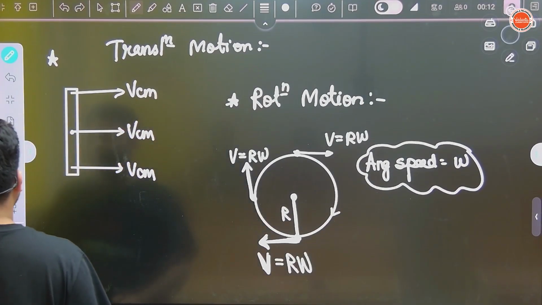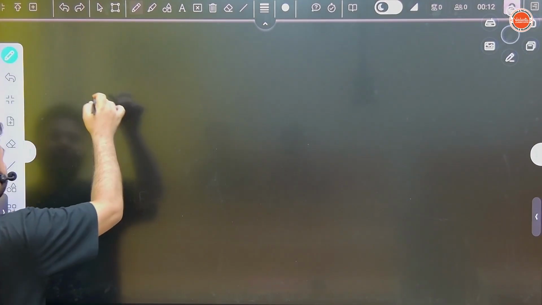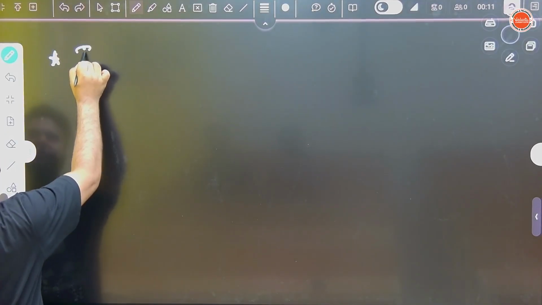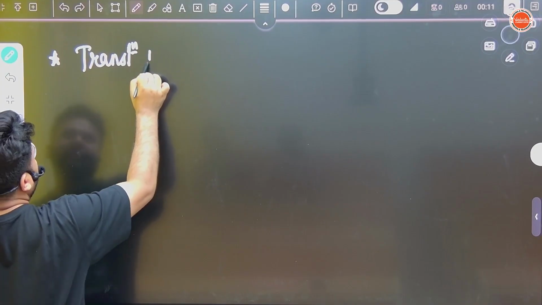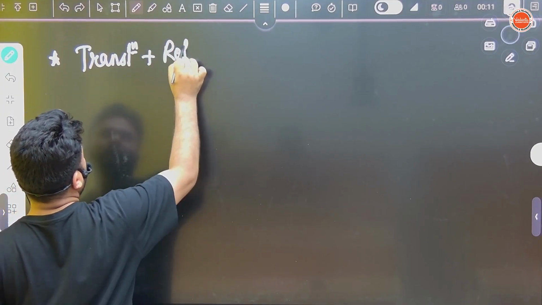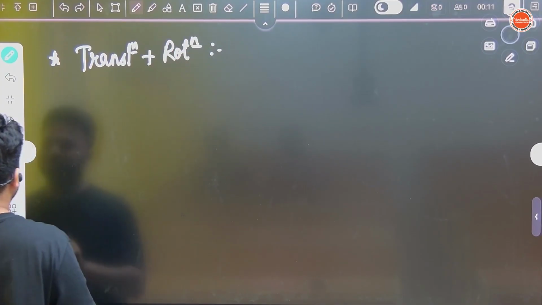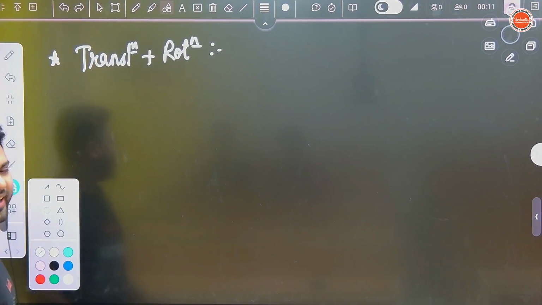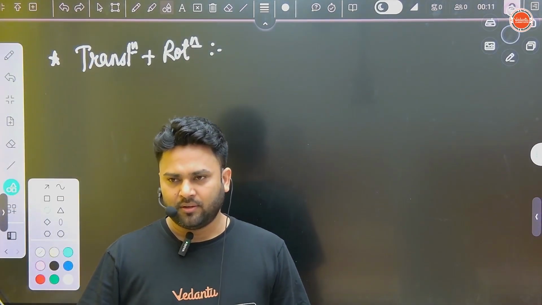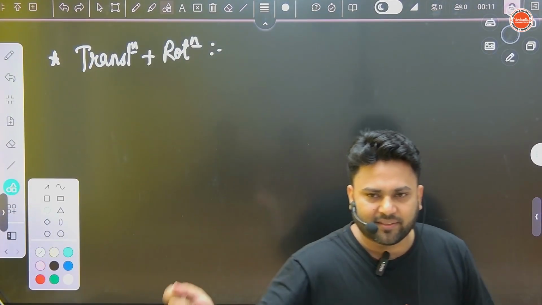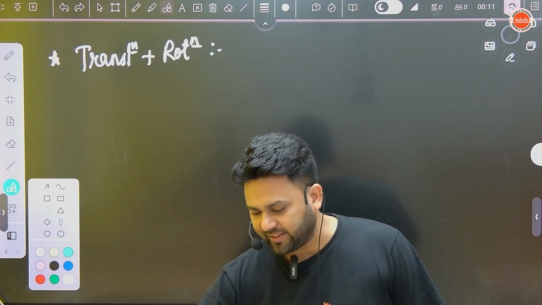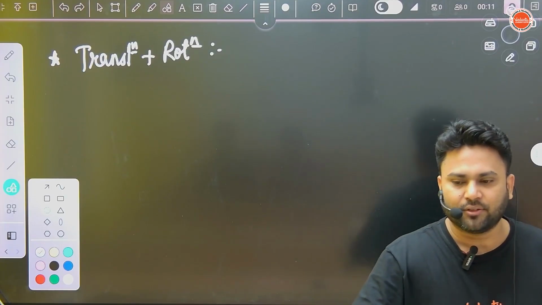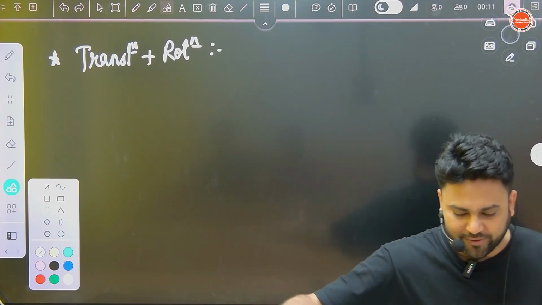Now what happens when we have a mixture of translation plus rotation? Like a tire, small kids will play like this, they will beat the tire forward. So the tire is rotating and also moving forward.